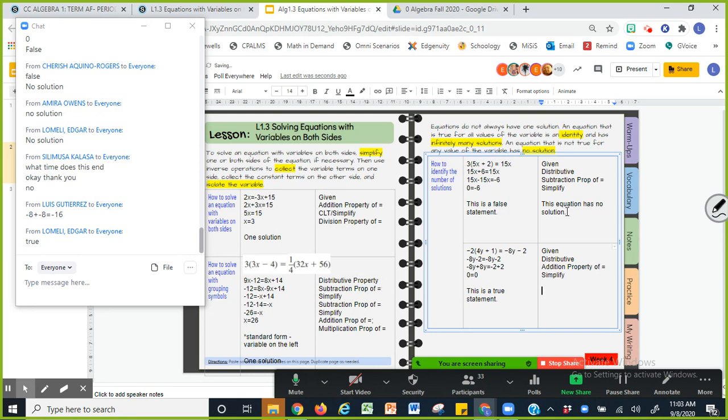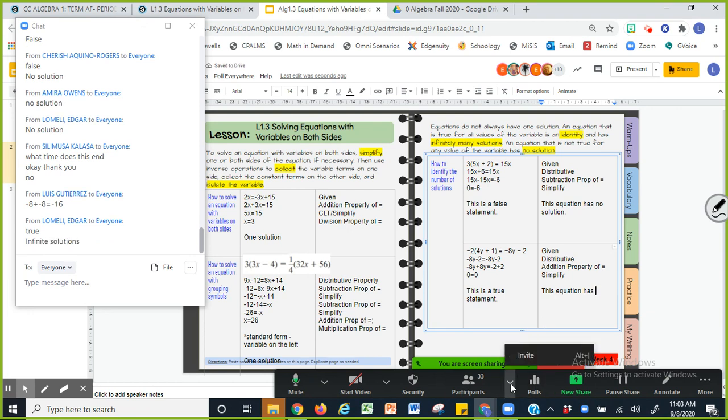So if earlier we concluded that it has no solution, and now it's true, what does that mean? This equation has a solution. How many? Is it one solution or infinitely many? Infinitely many, according to Edgar. Okay, it has infinitely many solutions.